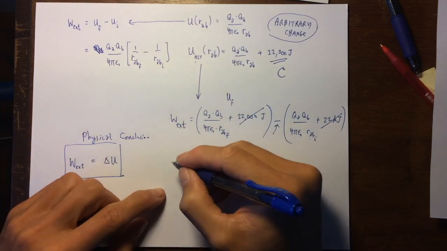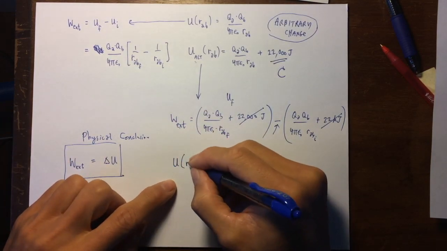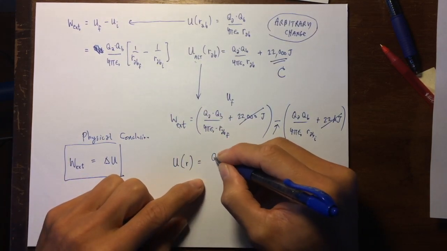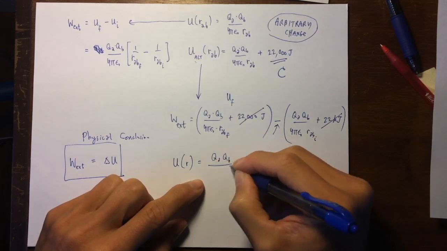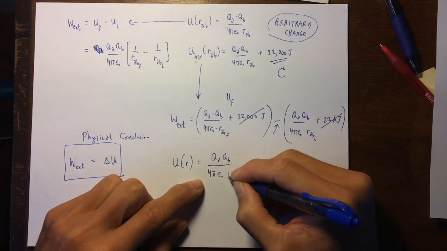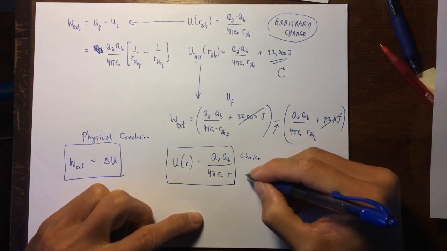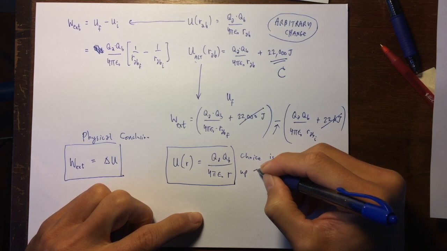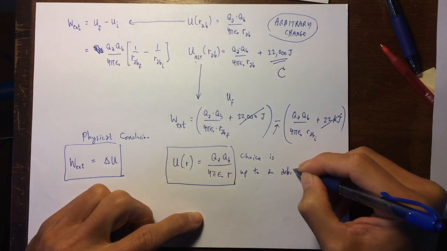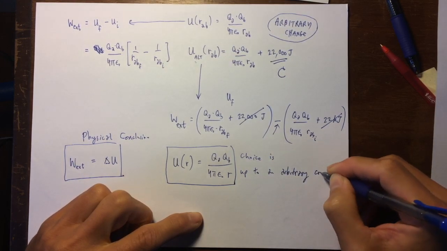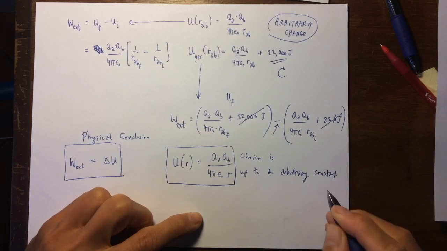But I'm telling you that designing a potential energy that looks like this, QA QB over 4 pi epsilon naught R, this choice is up to an arbitrary constant, right?